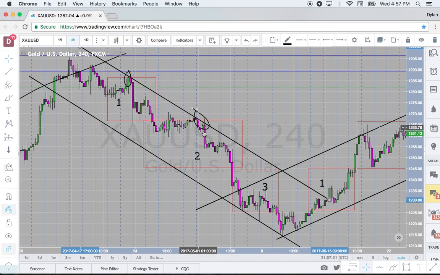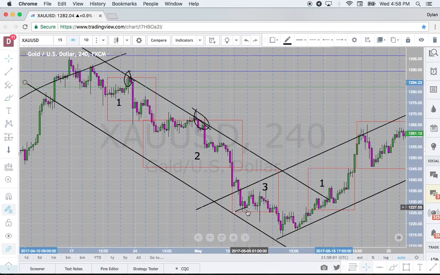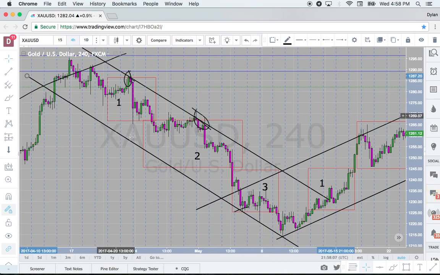Now retail traders are finally catching on to this downtrend. The trend line was spiked there once, twice, and then here at this bottom we have a touch. So retail traders are now starting to graph trend lines here as well, and now they can see this channel. It's starting to become obvious.